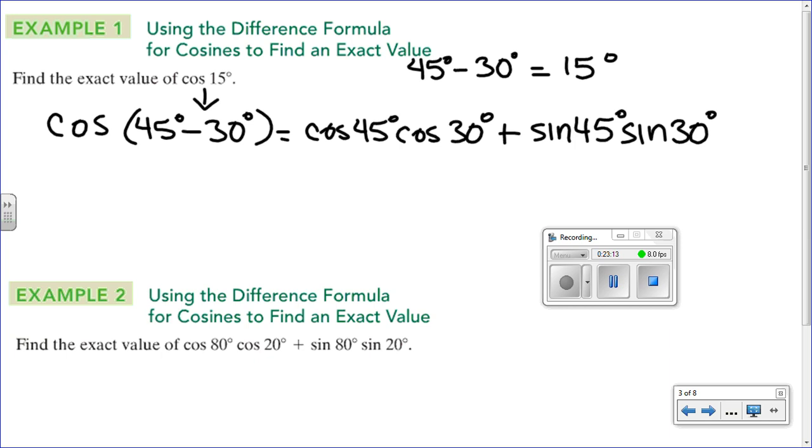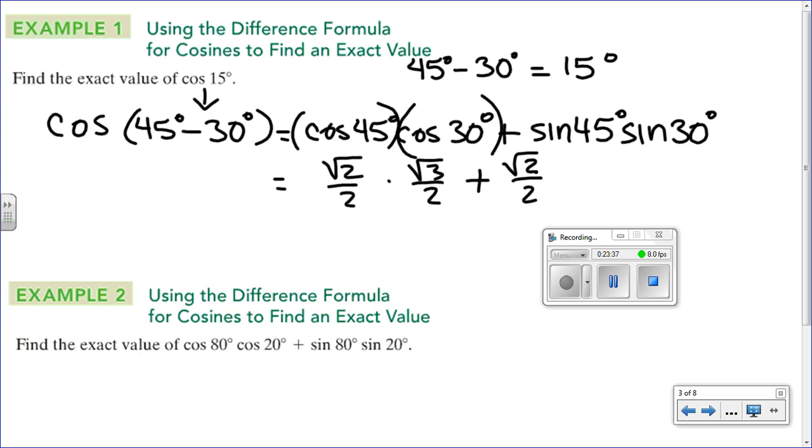So let's substitute square root of 2/2, and then tell me, Andrew, what's the cosine of 30? Square root of 3/2. Very good. What's the sine of 45? Chris? Very good.